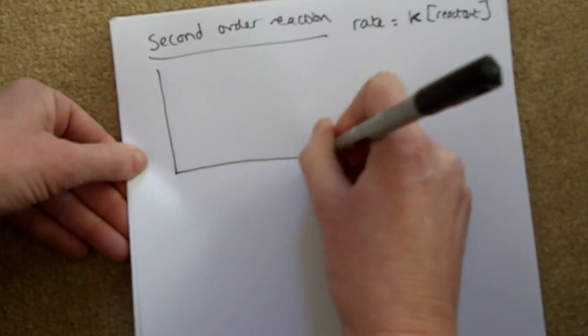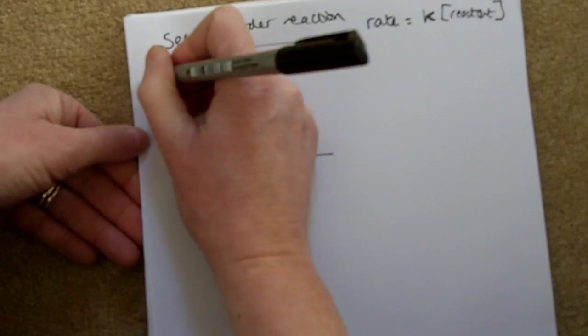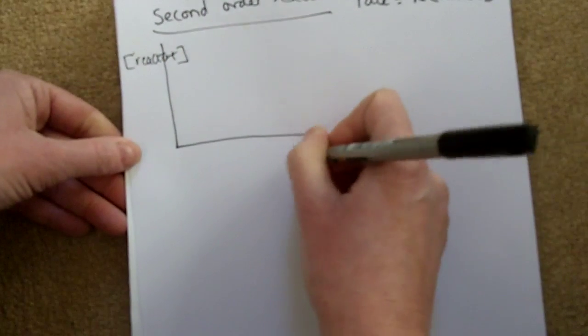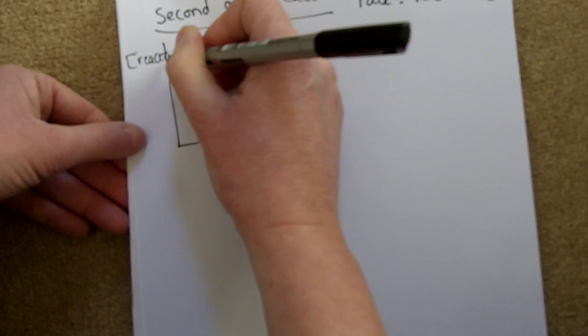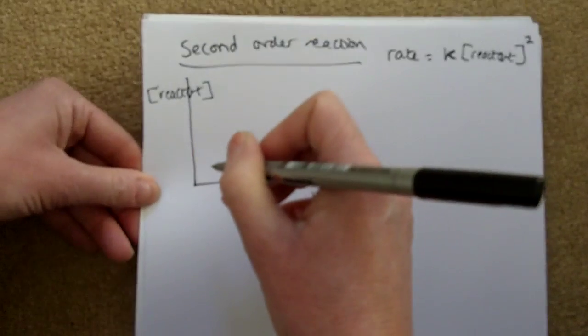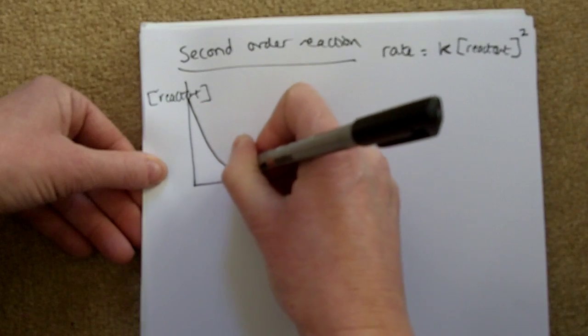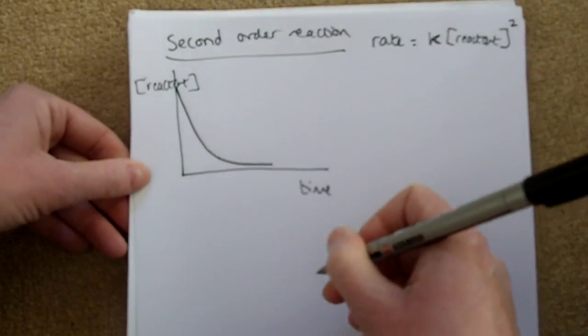So if you plot first the concentration of the reactant versus time, a second order is very similar in shape to a first order, but it is steeper. It will decline quicker.